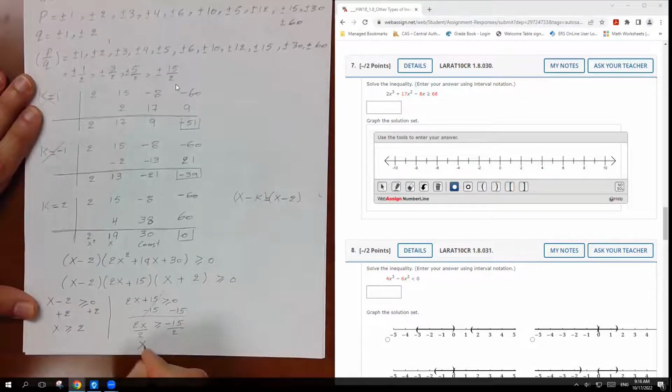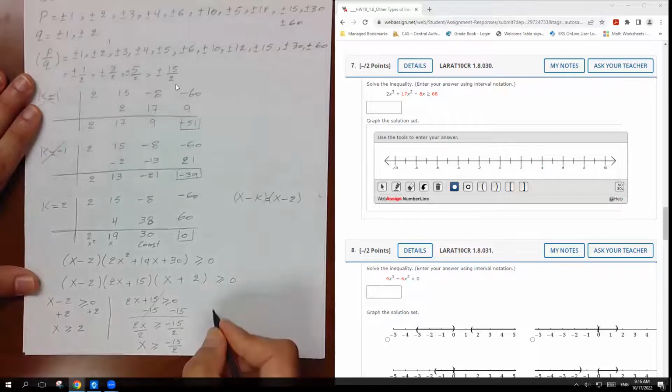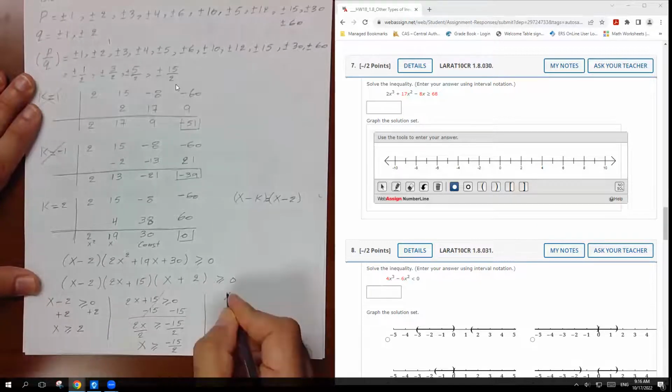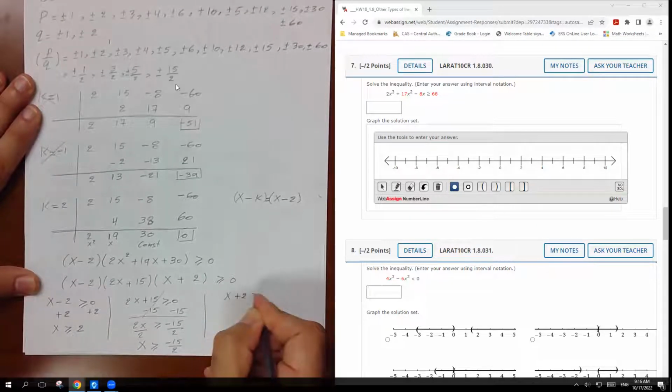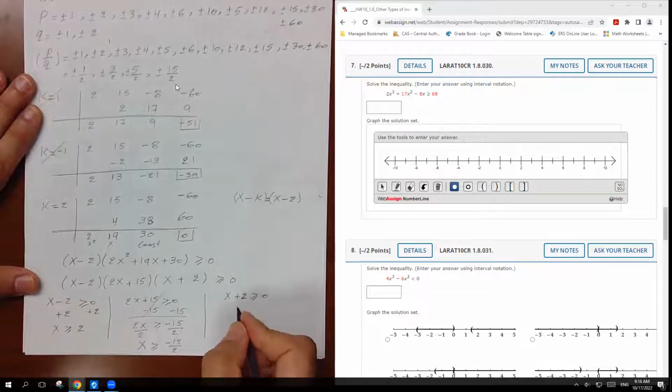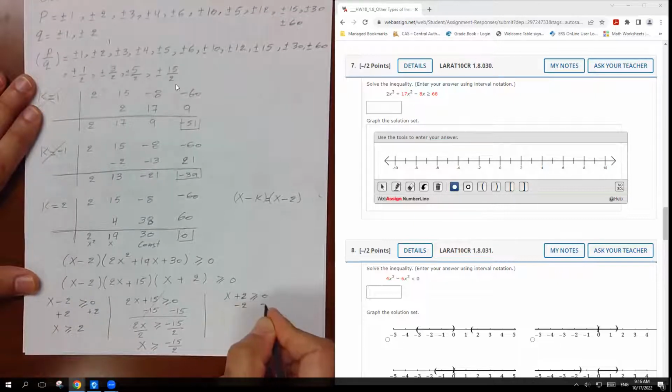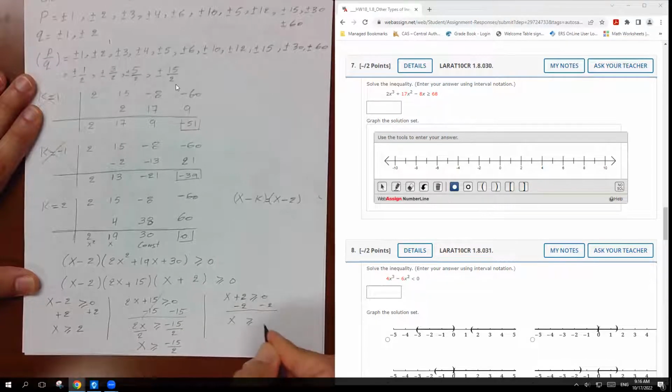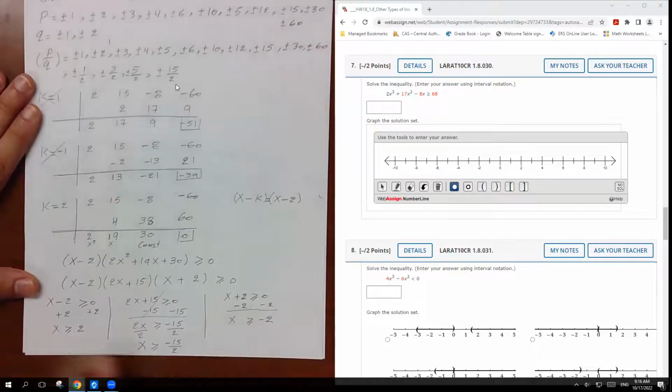So x is going to be greater than or equal negative 15 over 2. And the last key is going to be x plus 2 greater than or equal 0. Here's a plus, so you're going to say minus 2. That means x is going to be greater than or equal negative 2. So we have 3 key numbers.